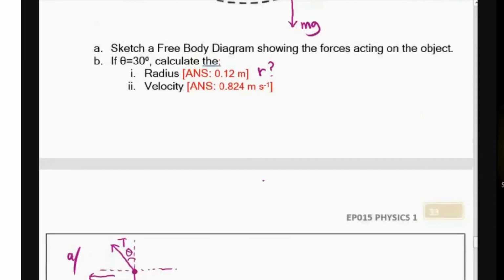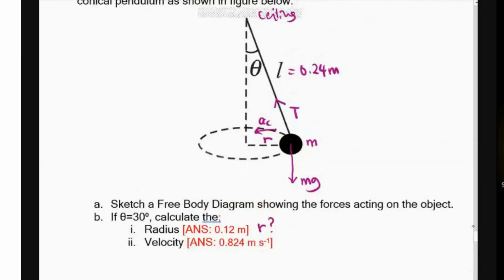To find r, we must notice that the relationship between r, L and theta is in a right angle triangle. So we can redraw the right angle triangle. The base is r, this angle is theta, and the hypotenuse is the length, which is 0.24.